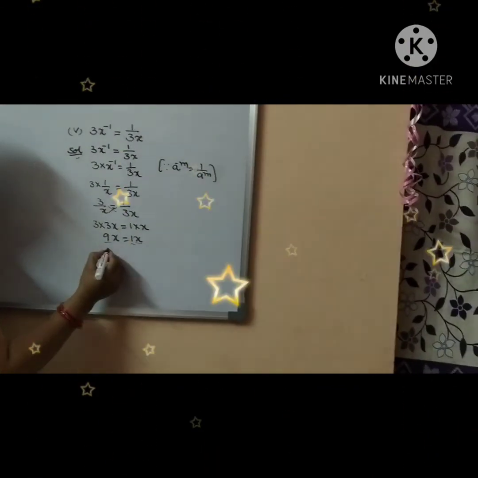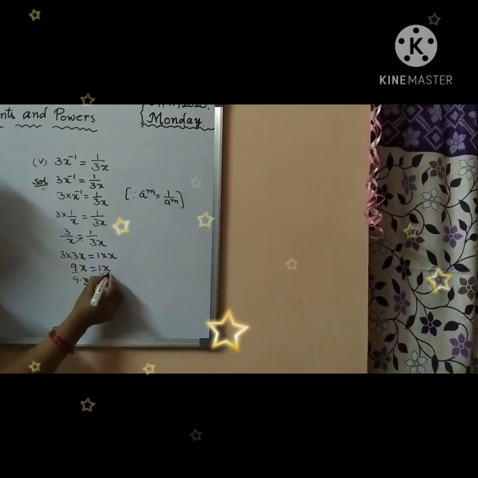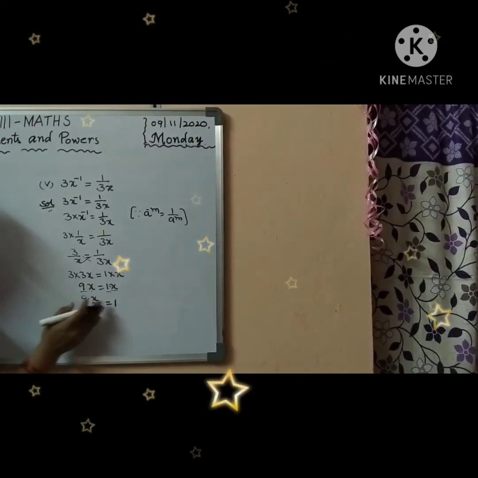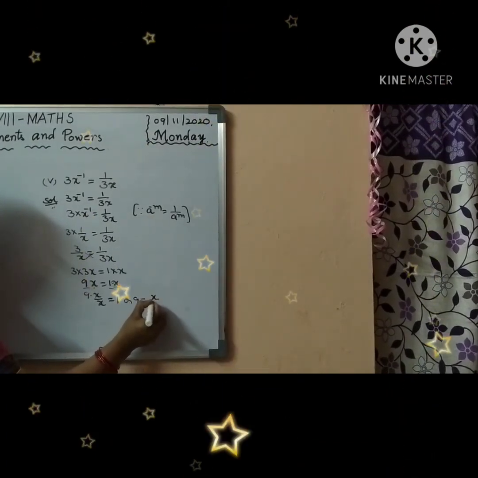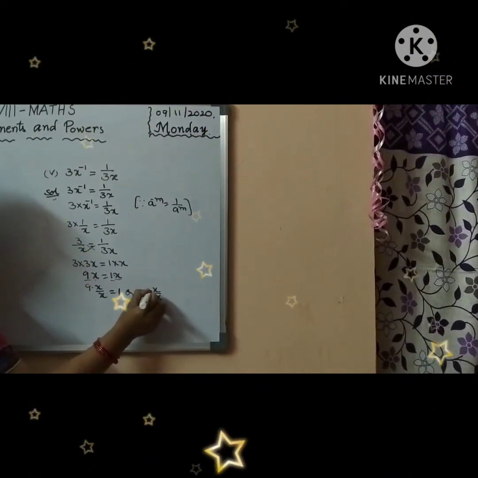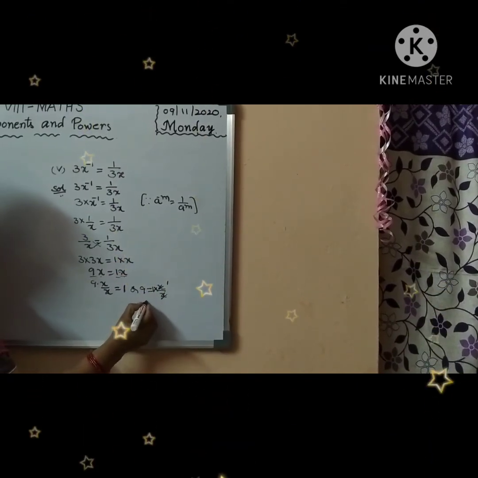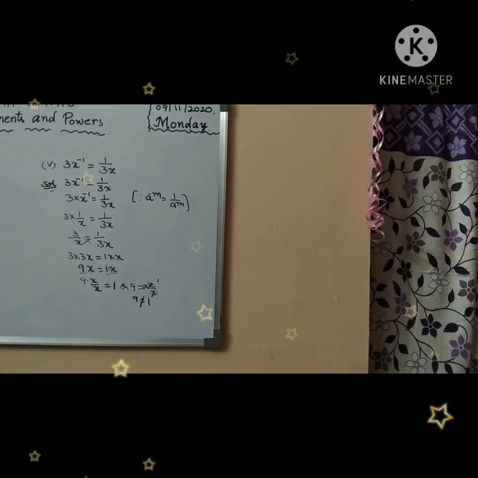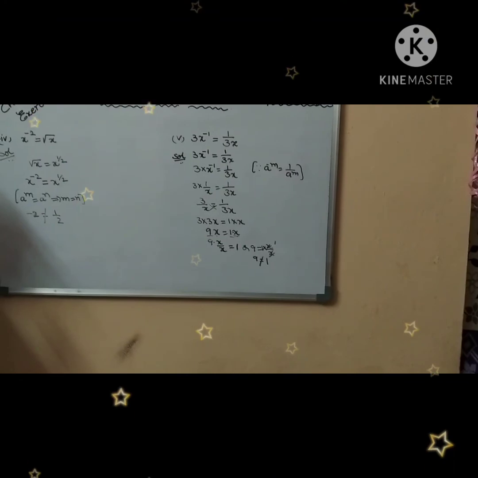So 9 into x by x equals 1, or 9 equals 1 into x by x. x by x is 1. So 9 equals 1, not equal. So in this fifth problem, both sides are not equal.